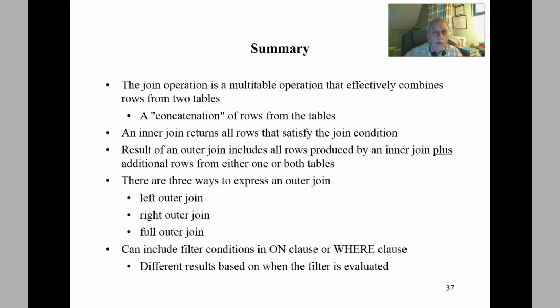The result of an outer join includes what is produced by the inner join plus additional rows from one or both of the tables. Recall that we talked about three different varieties of outer join: a left outer join, a right outer join, and a full outer join. We indicated that we really don't need both the left outer join and the right outer join because the operations are all relative to the placement of the tables, whether the table appears to the left of the join operator or the right of the join operator.